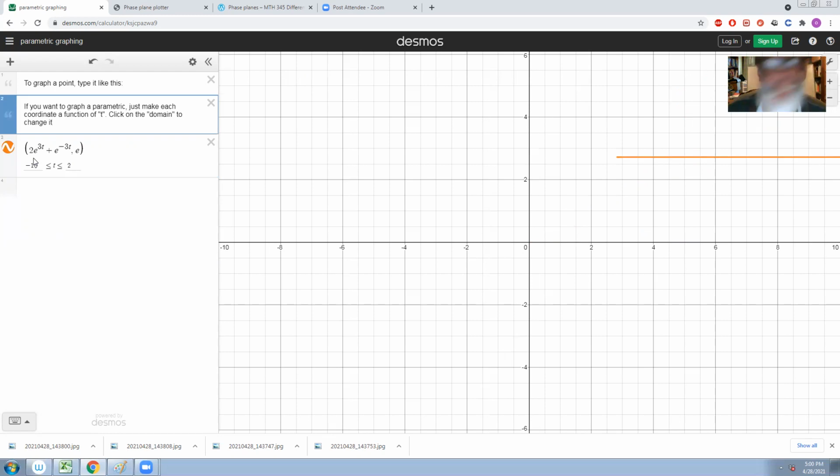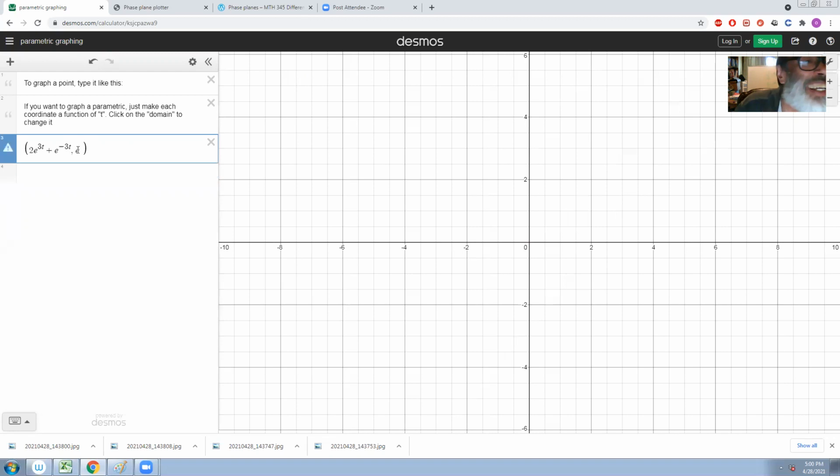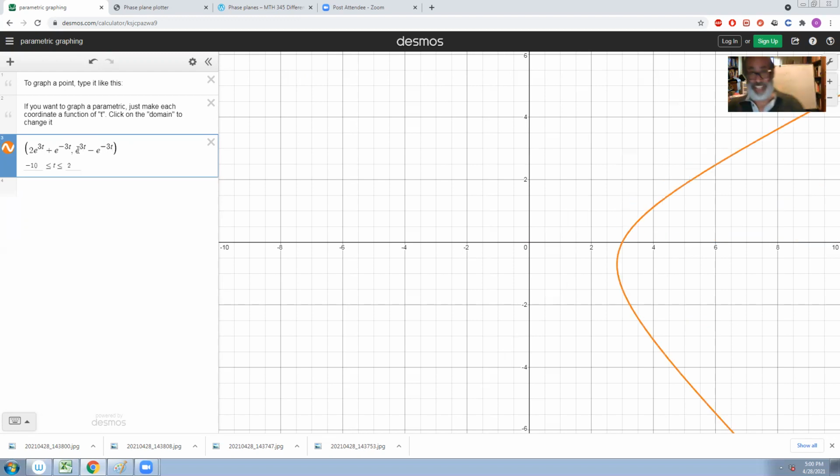Oh, that's not what I want. Come on, I don't want that. And we get this beautiful hyperbolic shape right here. This kind of looks like the hyperbolic trig functions, doesn't it? Kind of looks like that beautiful hyperbolic shape.